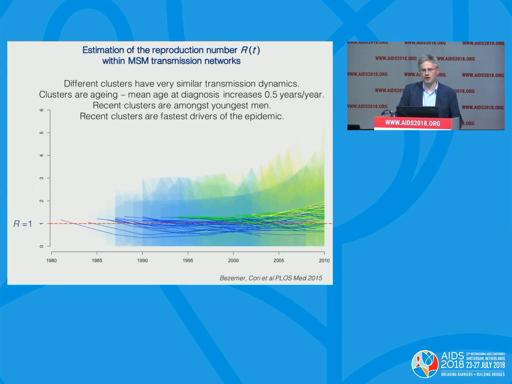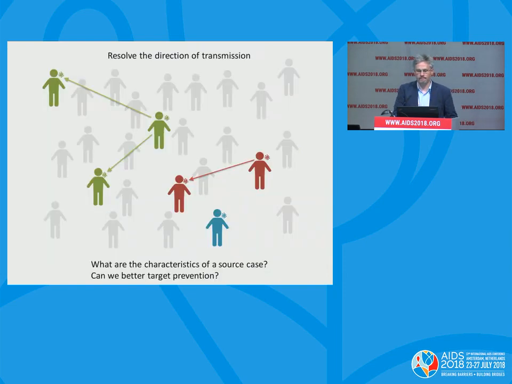There weren't very rapid clusters and very slow clusters. The third thing, as you see in green, is that the most recent clusters are the ones growing the fastest. The defining characteristic is age. Most of the older clusters are increasingly spreading in older and older men, and the more recent clusters are the ones taking off in the younger men.